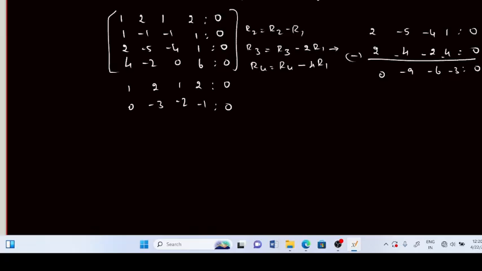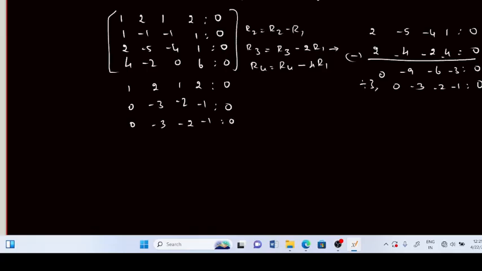Each and every element is a multiple of 3, so we can divide by 3 and get 0, 3, 2, 1, 0. We can write it as it is, or with negative signs; there is no change.